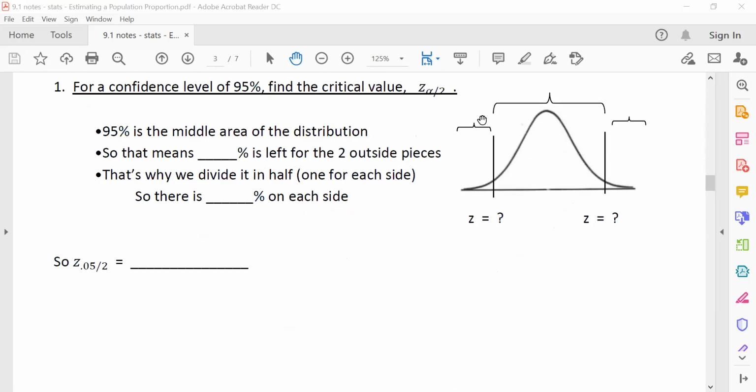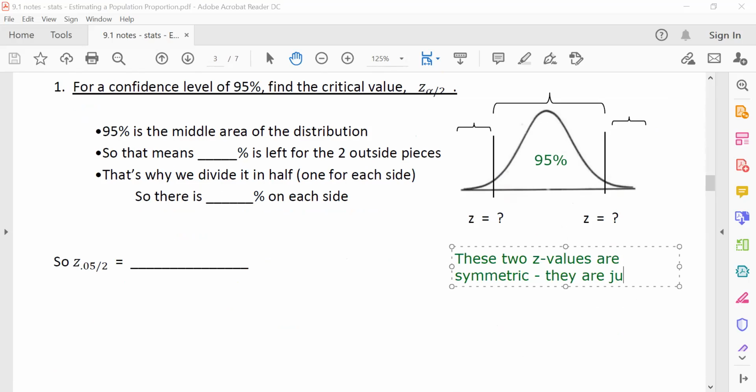If you have a 95% confidence interval, that means that within two z-scores, and these z-scores are symmetric, they are just opposite signs of each other.